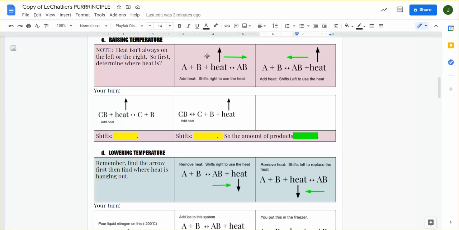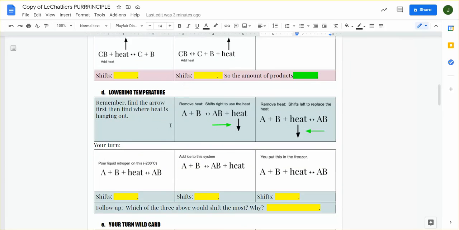If I add more, it's going to shift the other way. And same thing here. We see that our products are now A, B, and heat. So if I were to increase the heat here, just treat that like a product, and then go through the same rules. If we add something, it's going to shift the other way.